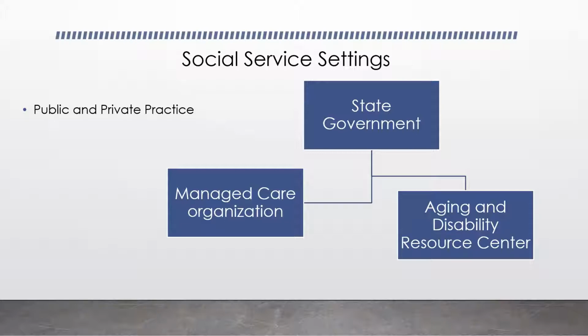So the financial piece is done by another department within the state government, but KDADS then administers the functional eligibility assessment, and they do that by actually contracting with aging and disability resource centers in the state of Kansas.